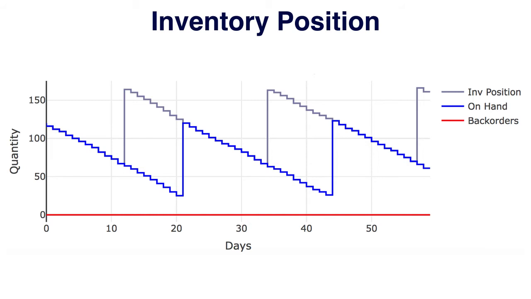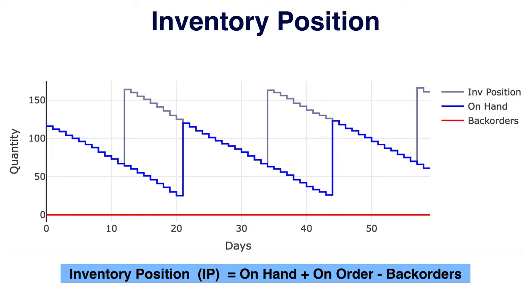Right now, there is another line you can see in gray called inventory position. Now we define a new term called inventory position, which is basically a sum of on-hand inventory, that is the real physical inventory count that is present in your warehouse or in the place where you store the goods, plus the amount on order.